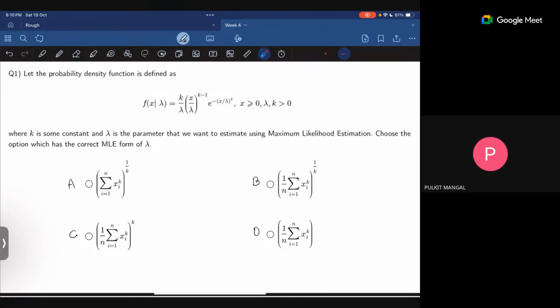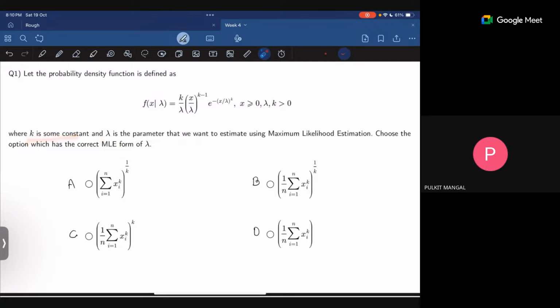For those who joined just now, try solving this question. I will read this for you again. This question is based on maximum likelihood estimation. We have been given this PDF function, in which x is greater than or equal to 0, and lambda and k are greater than 0. We have to estimate the parameter lambda.